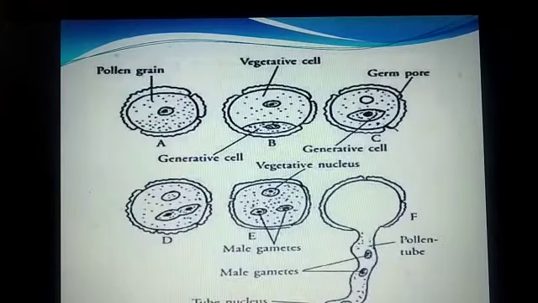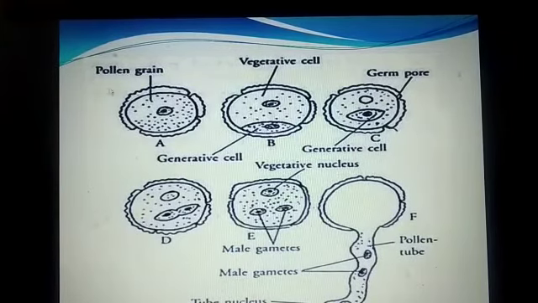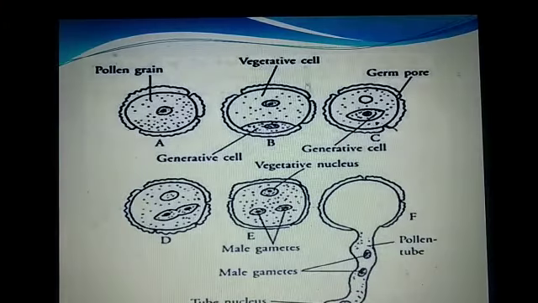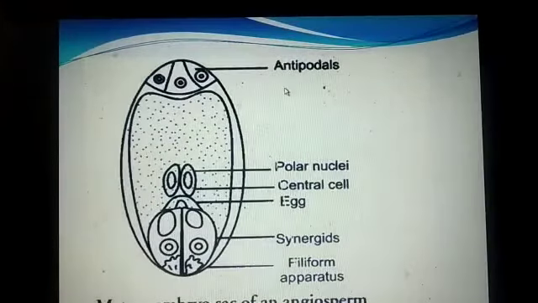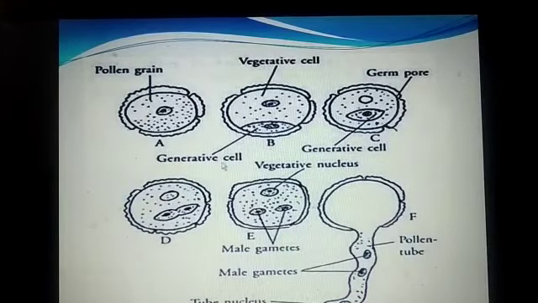Here you see that the pollen grain first undergoes mitotic division. The pollen grain has one nucleus, and after mitotic division it forms the two cell stage, vegetative cell and generative cell. Okay, this is the two cell stage, and in some angiosperms the generative cell divides mitotically and forms two male gametes, and this is the three cell stage.